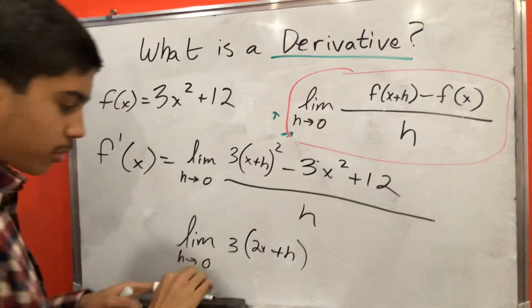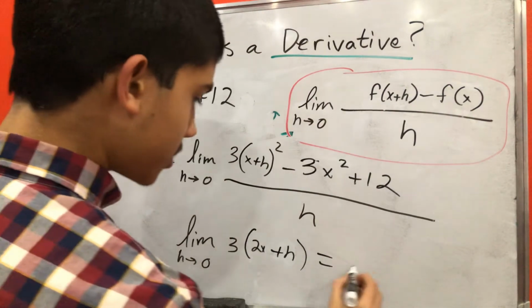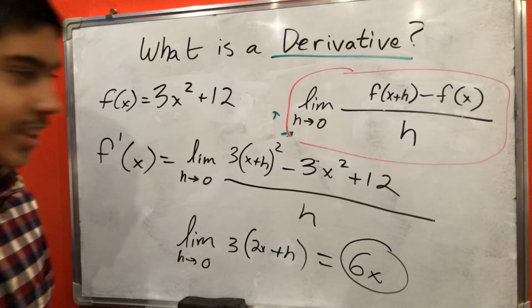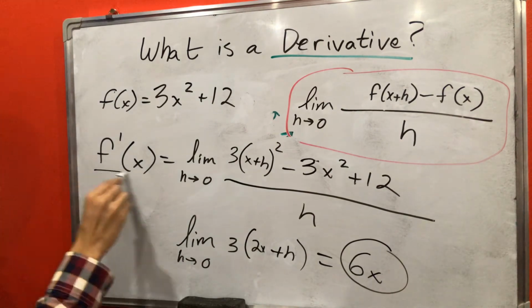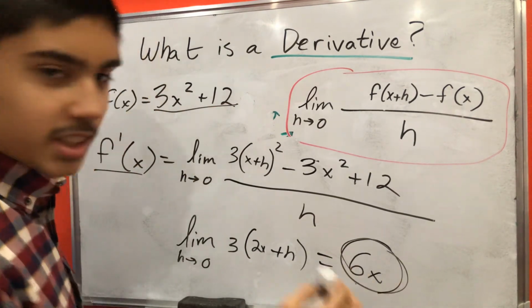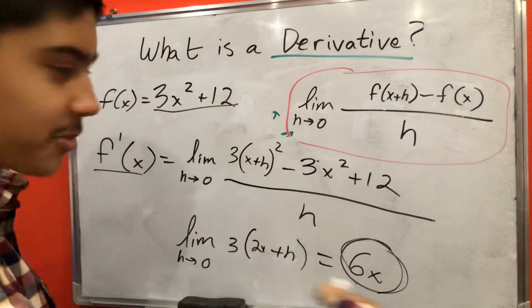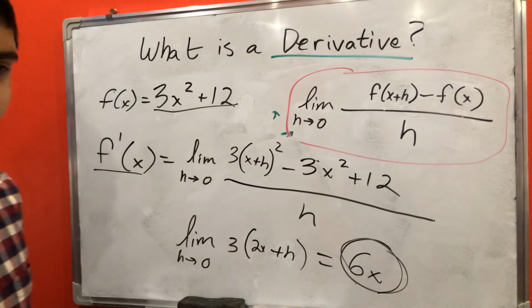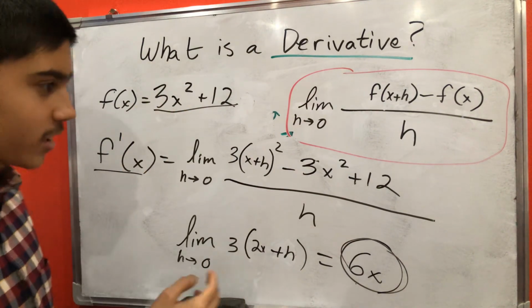So as h approaches 0, what is our limit? Our limit will just be 6x. So that's our derivative. That's how we found the derivative of this function. It turns out that 6x is basically the slope of this curvy line. And so that's how we find the derivative using basic algebra.